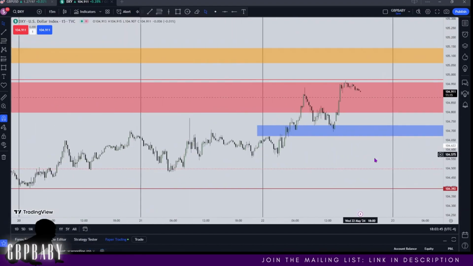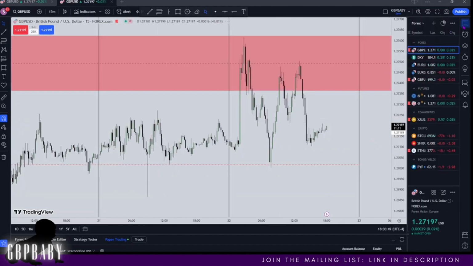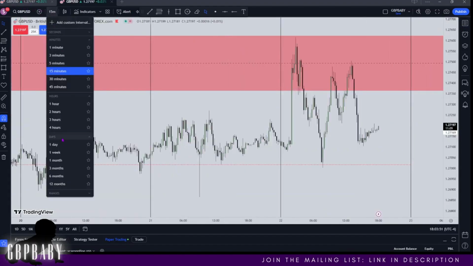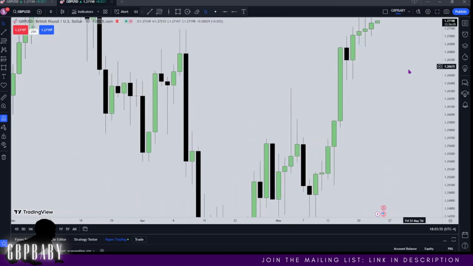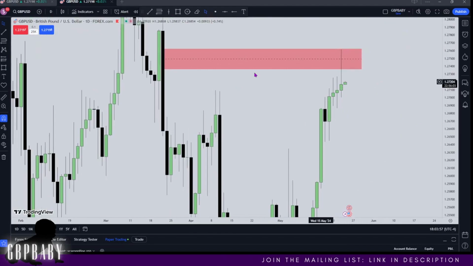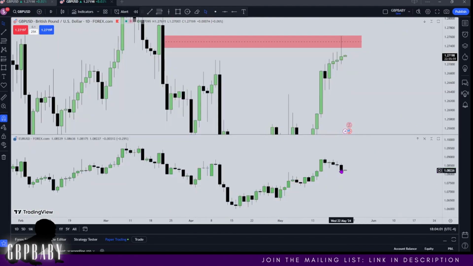And now let's head over to GBP USD. Now, this week with GBP has been incredible in quite a difficult fashion. You'll find that GBP has been trading consistently higher, whereas Euro, you'll see, has been trading consistently lower.